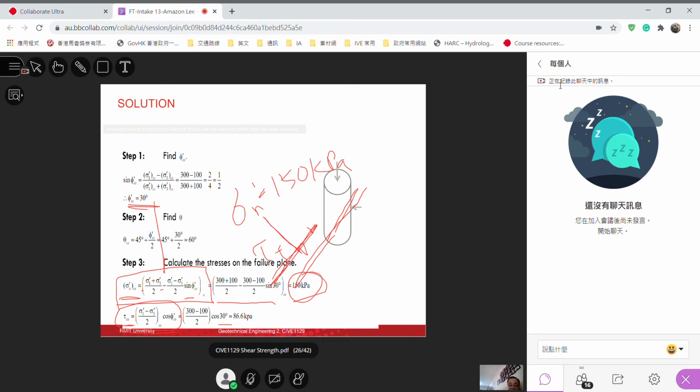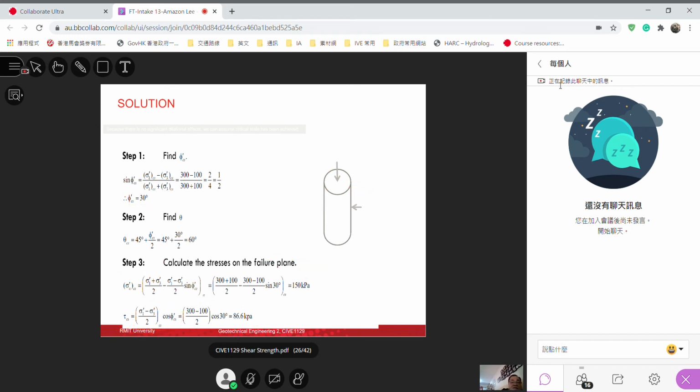You punch it in the calculator and find the shear stress at the point of failure is equal to 86.5 kPa. So along this potential failure plane, the normal stress at failure is 150 kPa and the shear stress at failure is 86.5 kPa.